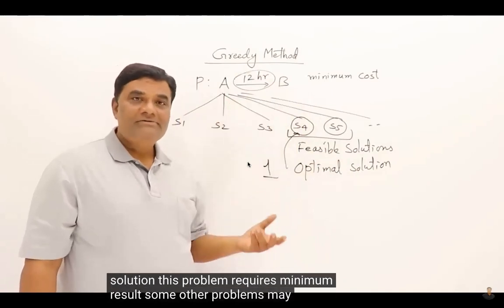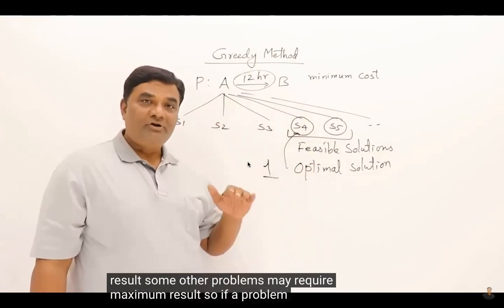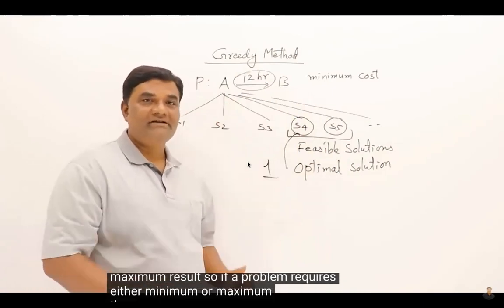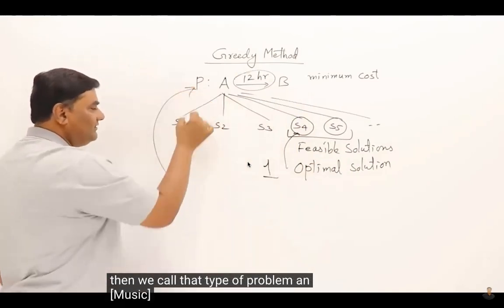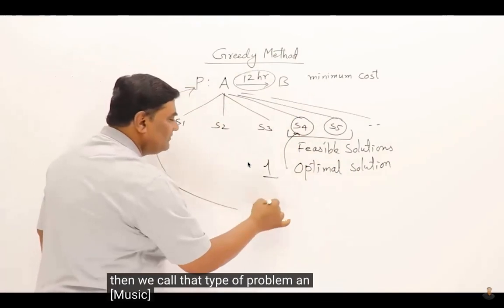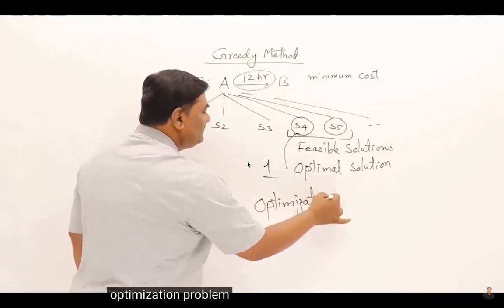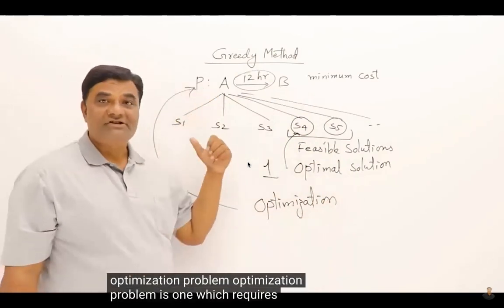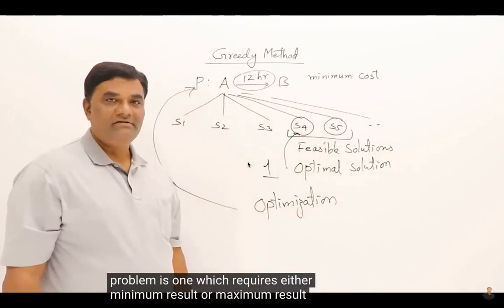Some other problems may require a maximum result. So if a problem requires either minimum or maximum results, then we call that type of problem an optimization problem. An optimization problem is one which requires either a minimum result or a maximum result.